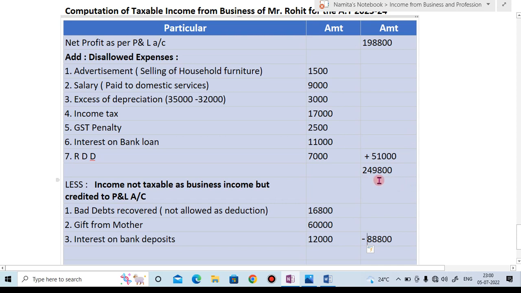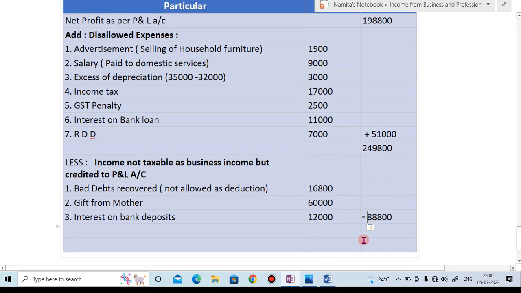So 2,49,800 minus the total we got, 88,800, we get 1,61,000.